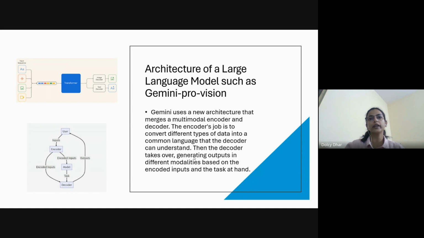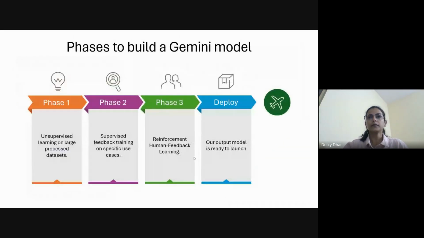Encoding ensures that the input we send is modified in a way where the LLM can understand it, and the decoder part of the architecture would eventually generate the text or do the task that we want based on our inputs.